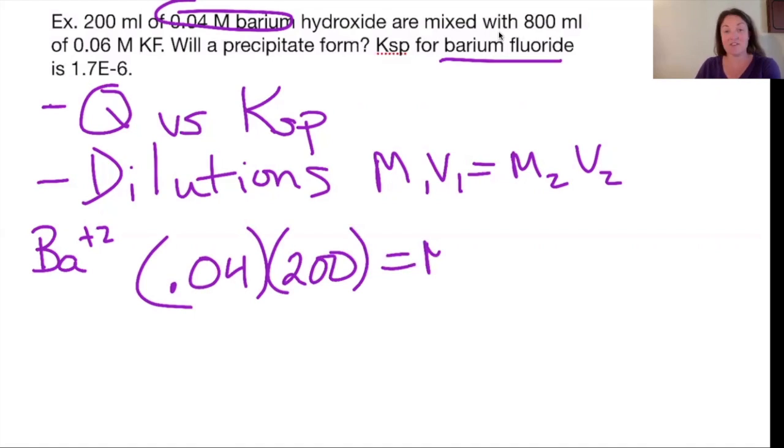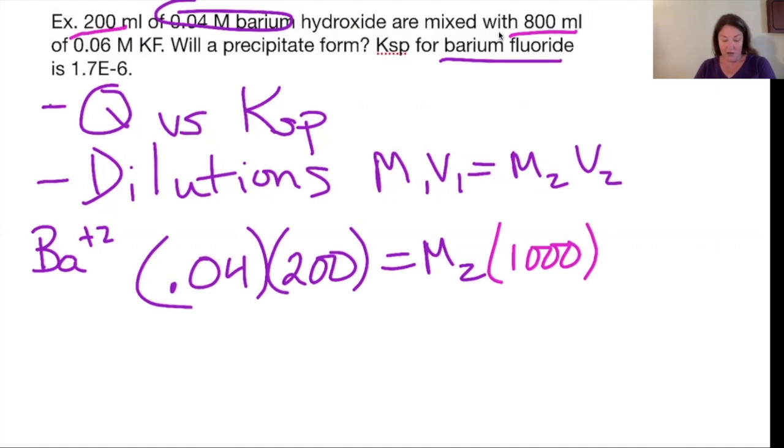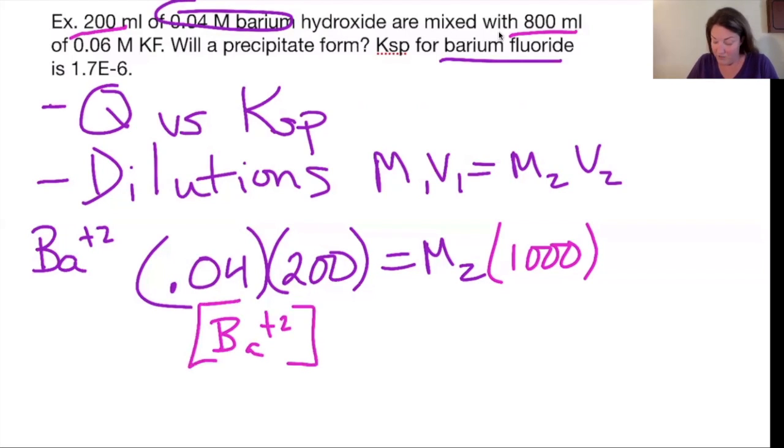After dilution, its concentration will be M2. And at this point, we'll have combined 200 milliliters of one of them with 800 milliliters of the other. So we'll have a total of 1,000 milliliters. 0.04 times 200 divided by 1,000 gives me a new barium ion concentration after the two have mixed of 0.008 molar. I need to do something similar for the fluoride.